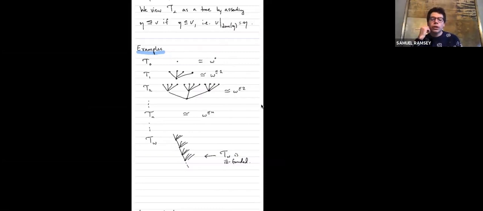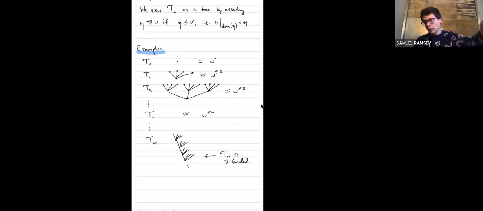Now, what happens if you look at T1? Well, if you look at T1, you have functions which are defined on an initial segment of the ordinal 1, meaning that they are defined either on the whole set or on the empty subset. So if you're defined on the whole set, then you have countably many options for where to send it, because you can send it to any natural number.